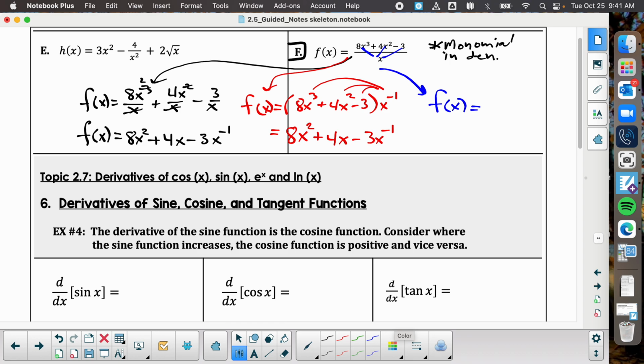When I look at this one, I know this would become 8x squared because I would subtract 1 power. This would become 4x to the 1 because I would subtract 1 power. And then I know 3 over x, I can't divide, so I would just write it as a single term. All three methods work the same. It's just different perspectives.